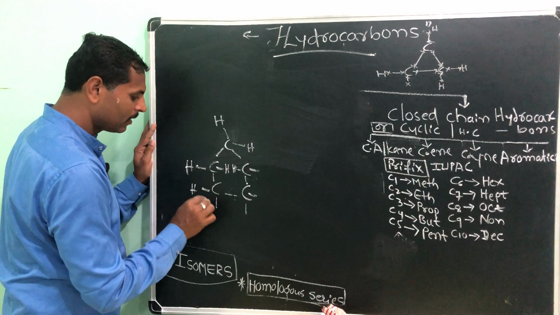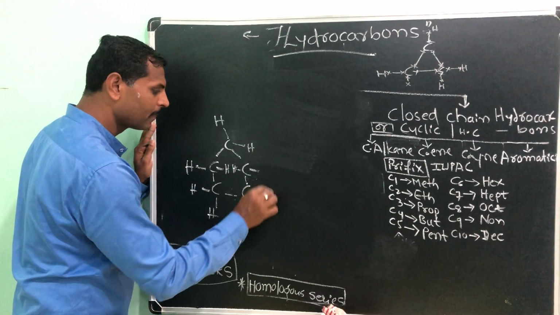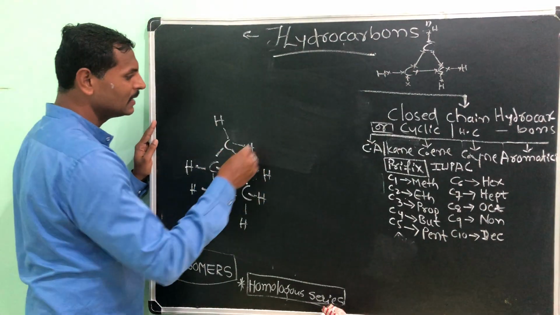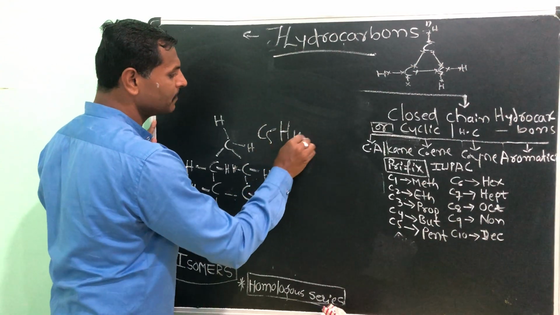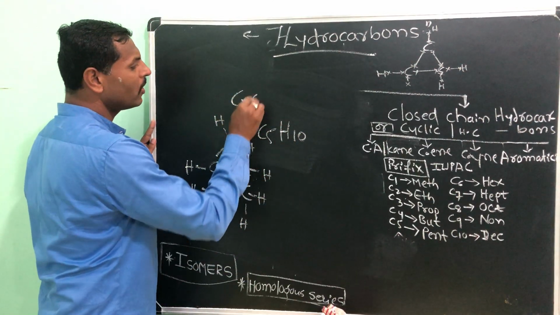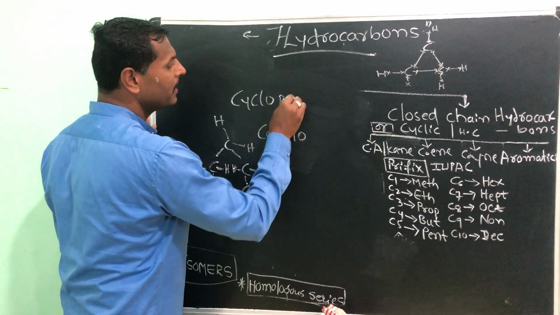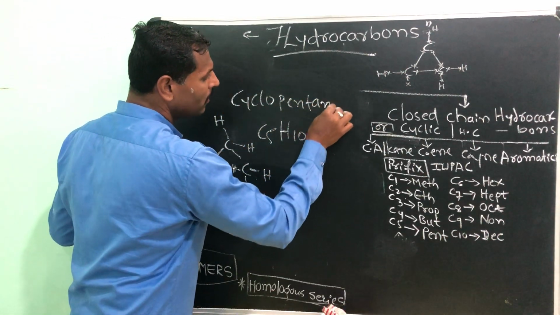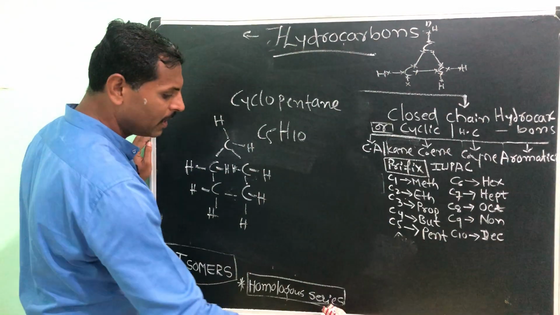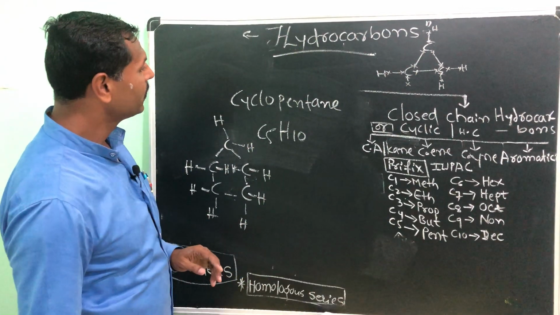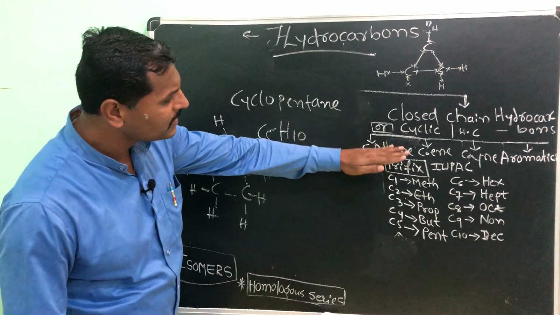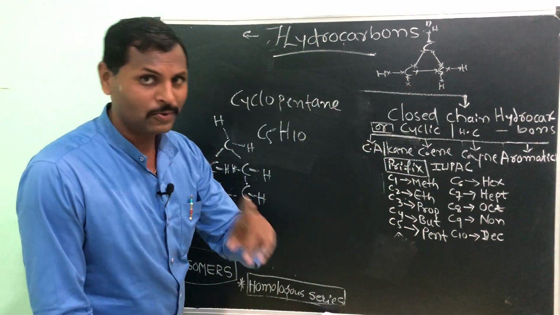Getting the point? See, C5H10. Name it cyclo, because it is in cyclic form, cyclopentane, okay. Like this you can make so many cycloalkanes up to cyclodecane.